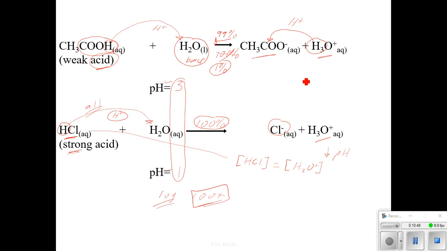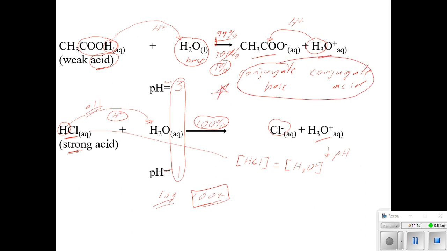On our product side, what is now donating the proton is the hydronium. This is an acid because it's donating protons, but because it's on the product side, we call it the conjugate acid. And the one that's accepting would be the conjugate base. And yes, for Science 30, you do need to be familiar with those terms as well.